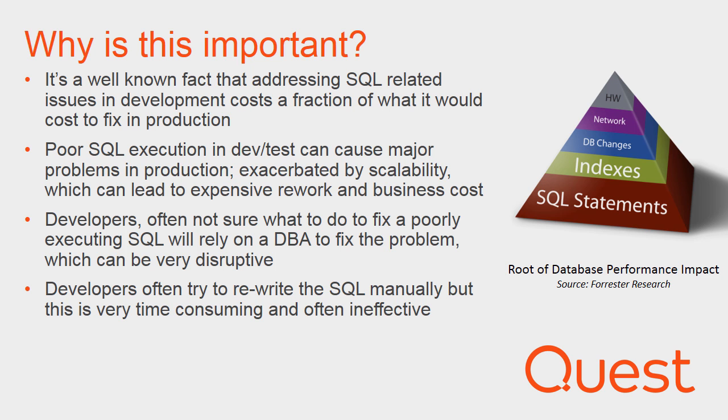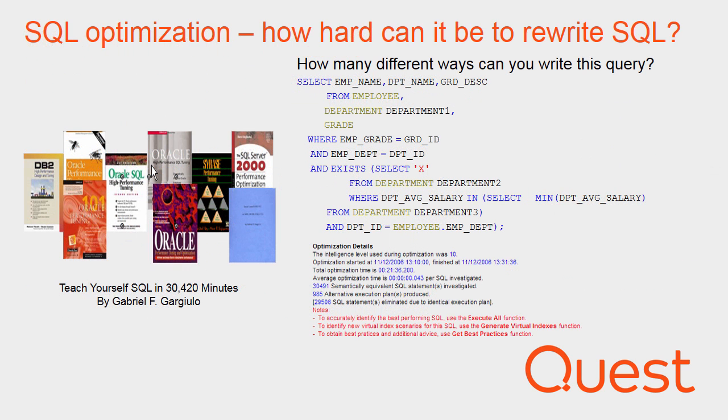Developers, often not sure what to do to fix a poorly executing SQL, will often rely on a DBA to fix the problem for them, and that can be extremely disruptive. So developers often try to rewrite the SQL manually, but this can be very time consuming and is often ineffective. So how hard can it be to rewrite SQL?